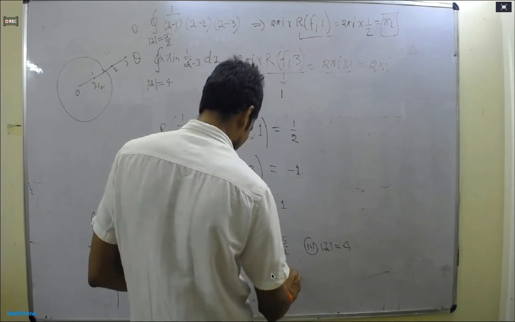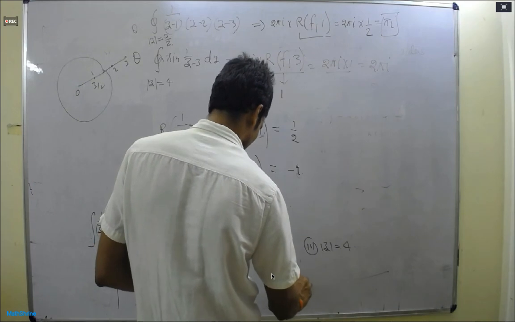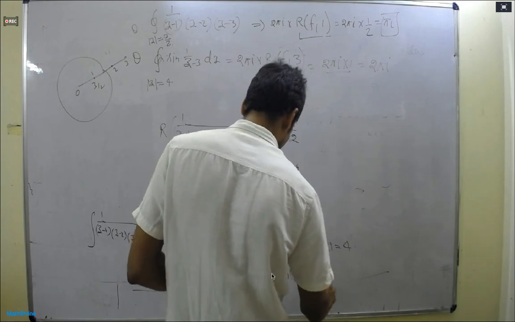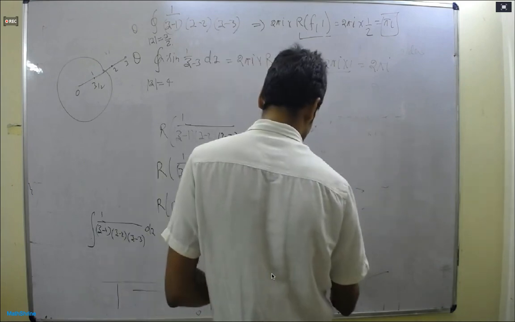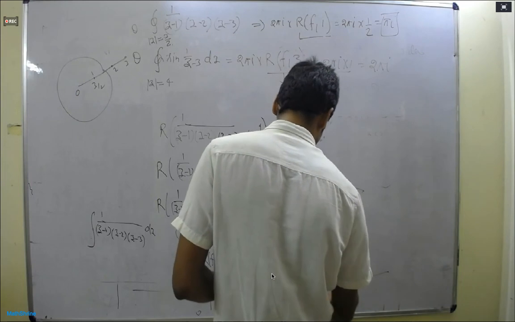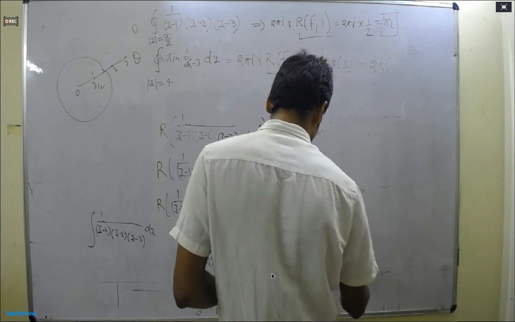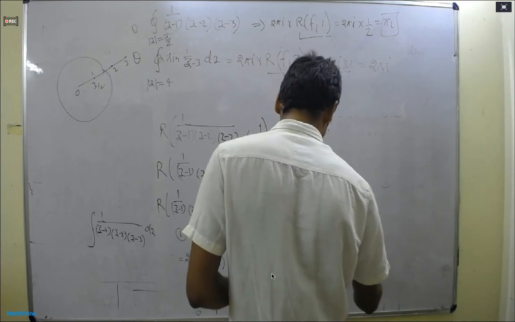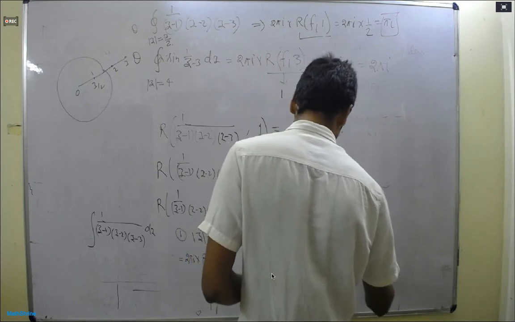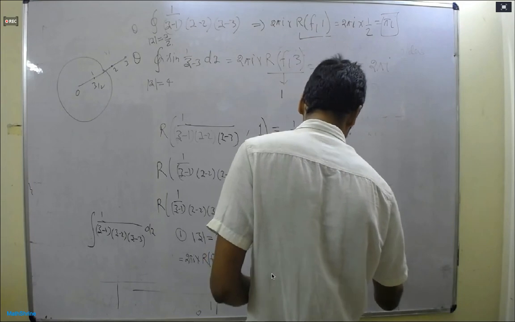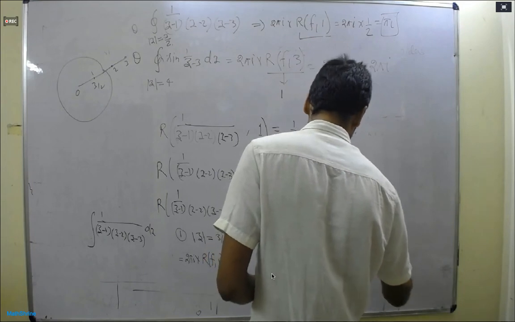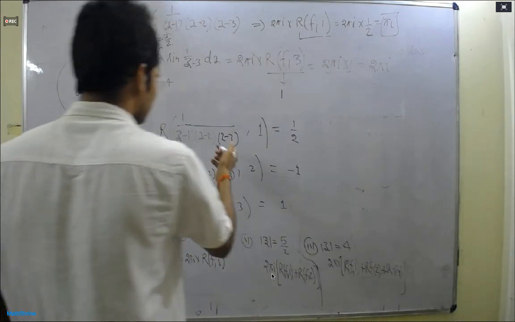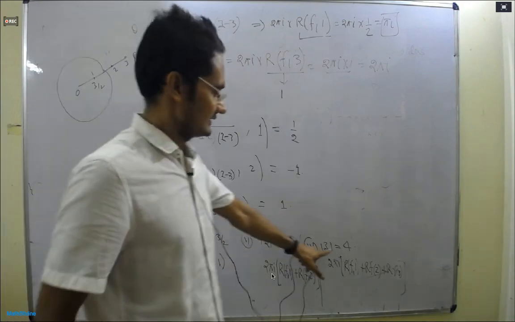In this region, the answer will be 2 pi iota into the residue at 1 plus the residue at 2 plus the residue at 3. Mod z is equal to 4 means this is a circle of radius 4. So all singularities lie in this region. So here the answer will come out pi iota.